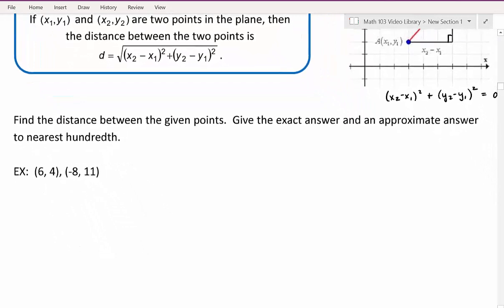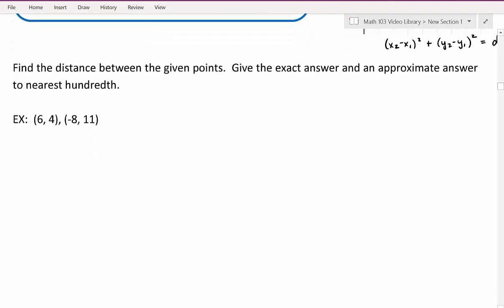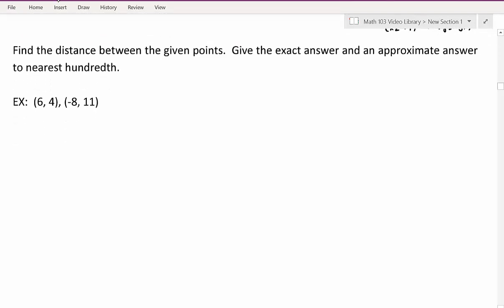Let's find the distance between a couple pairs of points. We'll give the exact answer and an approximate answer rounded to the nearest hundredth. Just like when I'm finding slope, I always like to write x1, y1, and x2, y2 above my numbers so that I don't accidentally grab the wrong one.